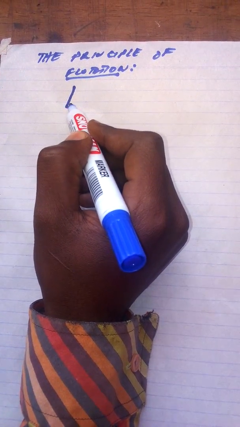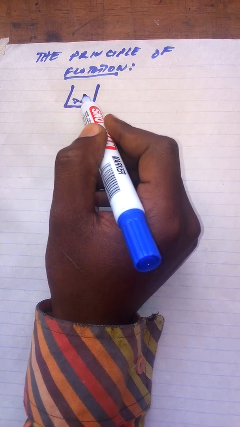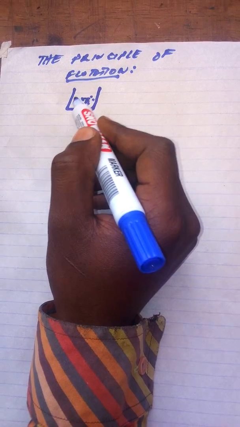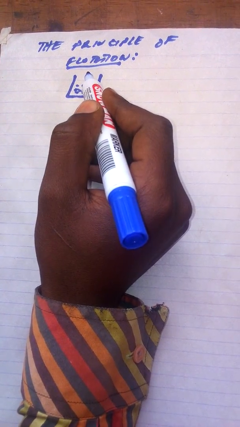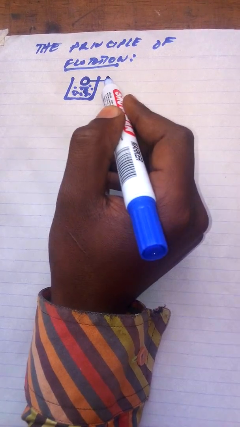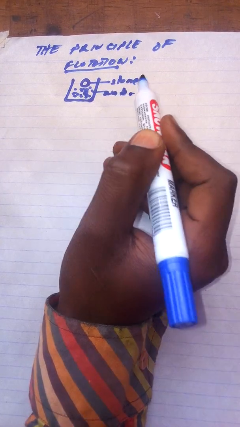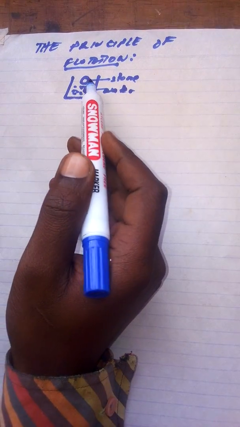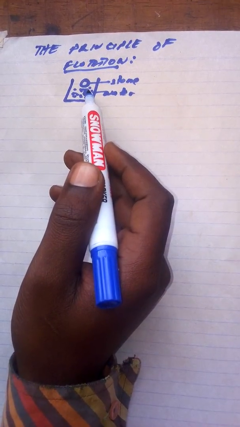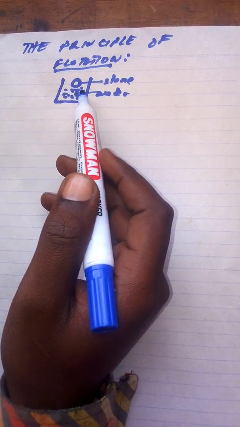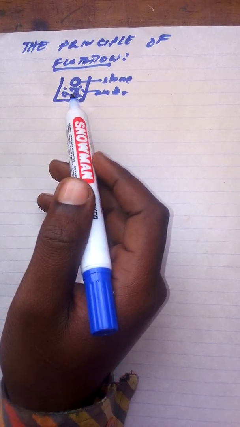Let us consider the following scenario. For instance, you are having this beaker which is full of water. Then you take a piece of stone. For instance, this is the piece of stone. This is a stone, and this is water. So basically, the weight of this stone will displace the volume of this water, and as a result, the level of water will rise up.